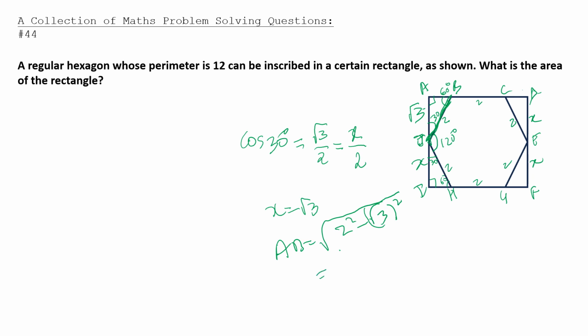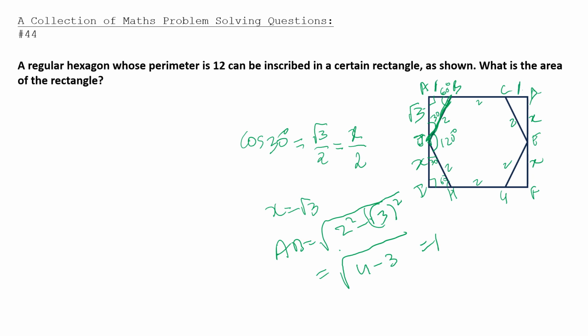So that would give us 4 minus 3, that is 1. So AB is 1. So this is 1 and this is 1 and this is 2.